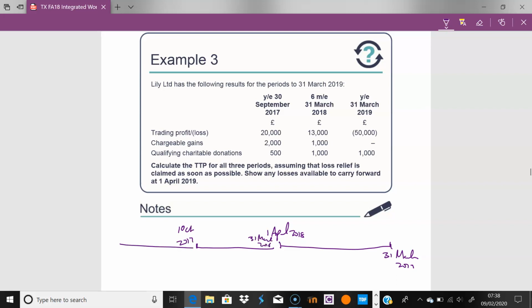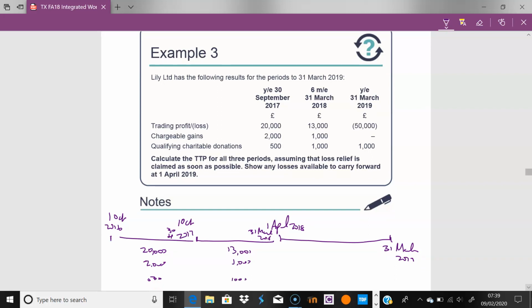And prior to that, we would have had the 30th of September, so that would have been the 1st of October 2016. So here we have 20,000, 2,000, and qualifying charitable donations of 500. And here we have 13,000, 1,000, and qualifying charitable donations of 1,000.